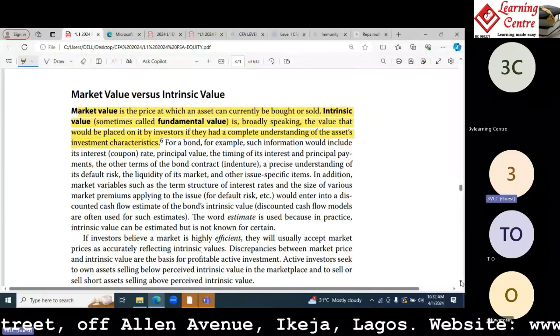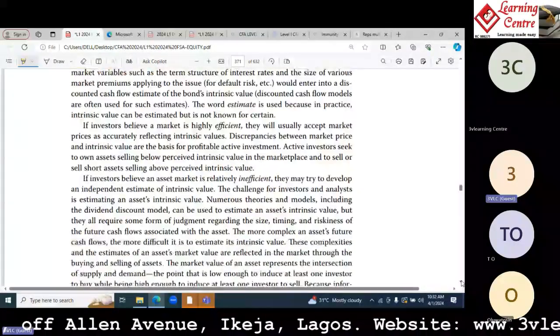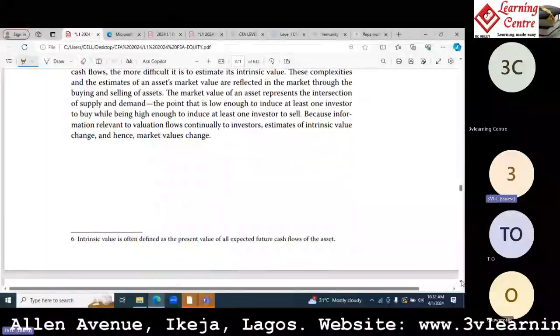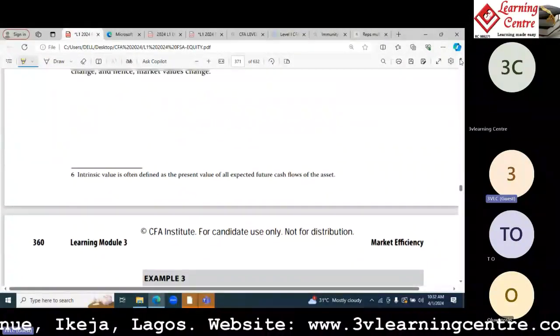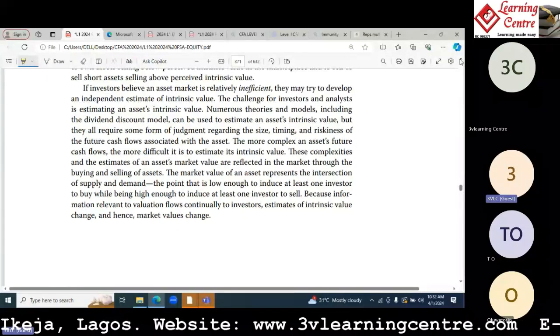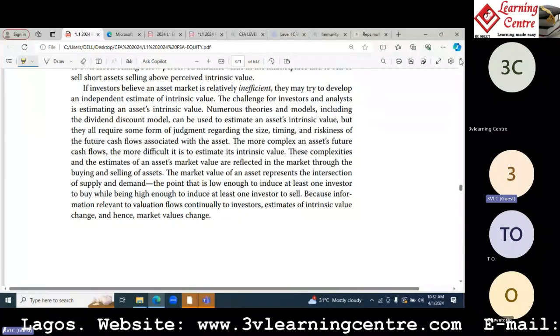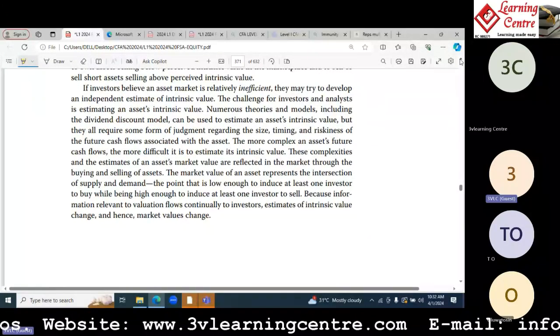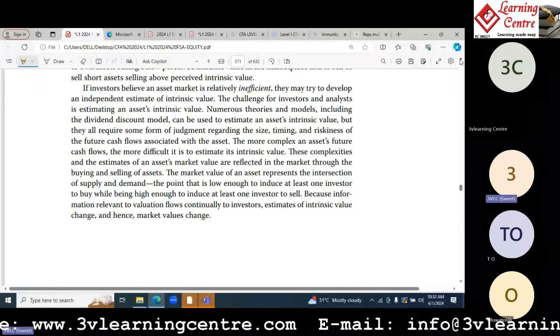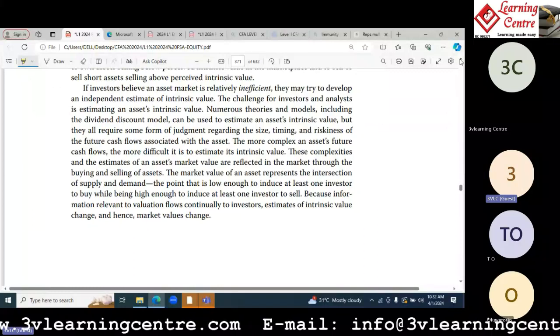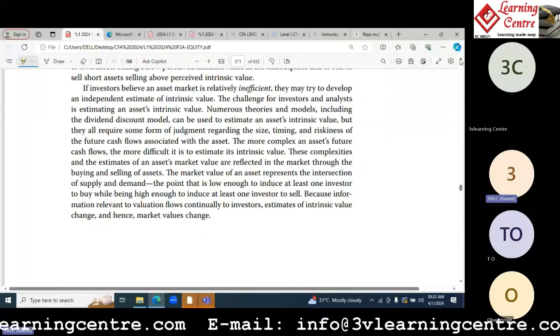So at every point in time, intrinsic value and market value are always being compared. Such that if the intrinsic value is higher than the market value, you buy the stock. And if intrinsic value is lower than market value, you sell the stock.